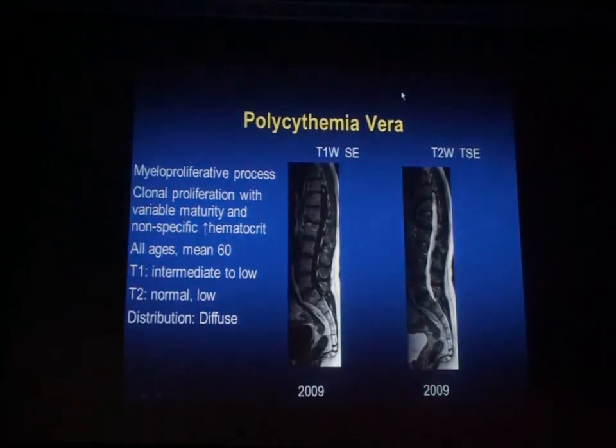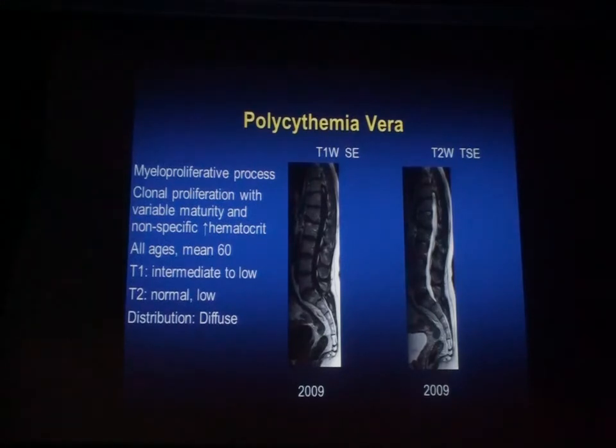Here is a different patient with polycythemia vera. This is one of the myeloproliferative processes representing clonal proliferation of red cell elements, and it's one of the diffuse processes.